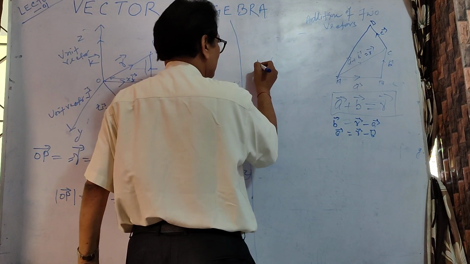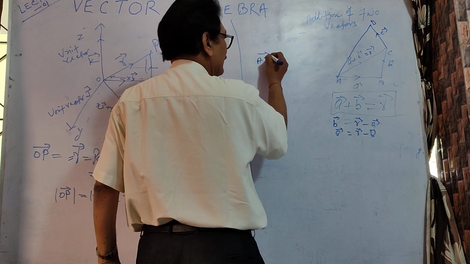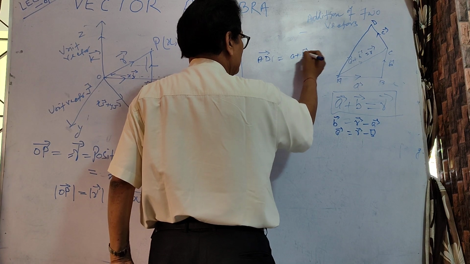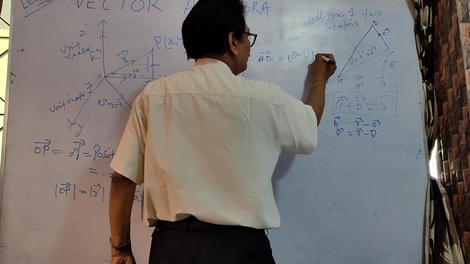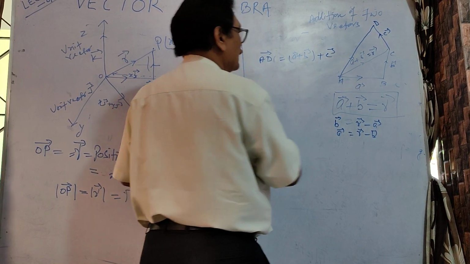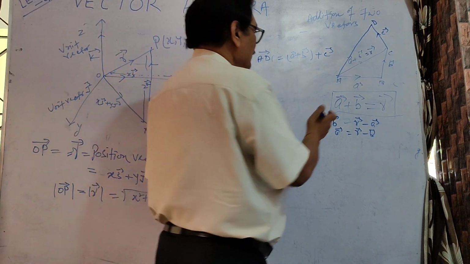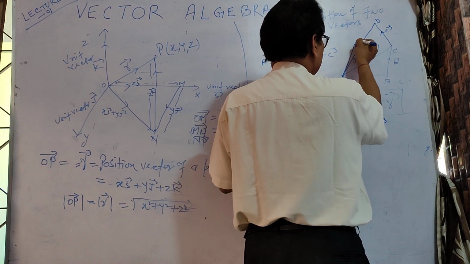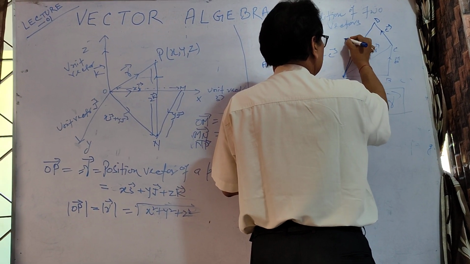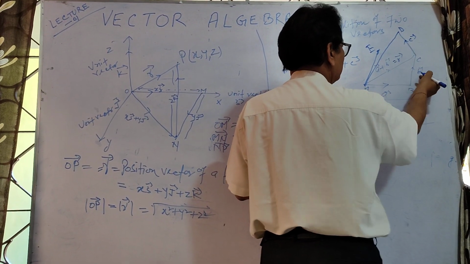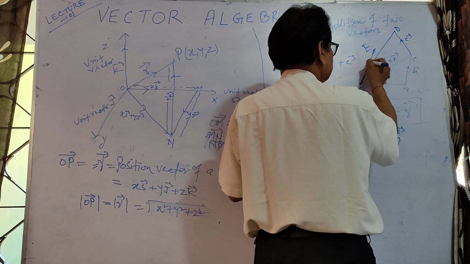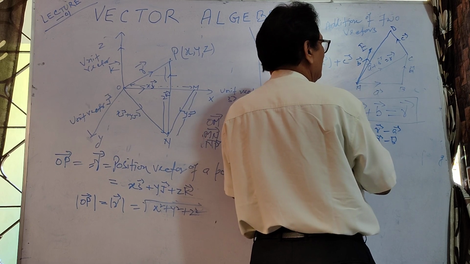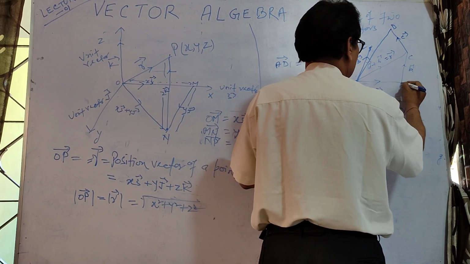What is AD? Here AD is equal to A plus B plus C. If we draw E parallel to this line, this is B and this is also B, because they are parallel.